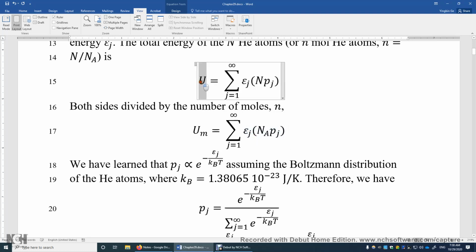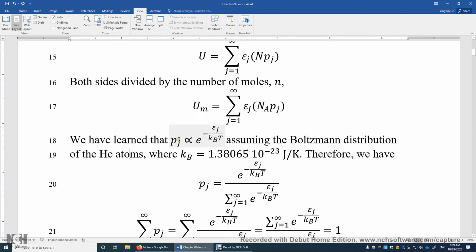So again, this U divided by the number of moles gives you the molar internal energy, and this N, the number of helium atoms, divided by the number of moles of helium atoms, gives you this Avogadro constant.